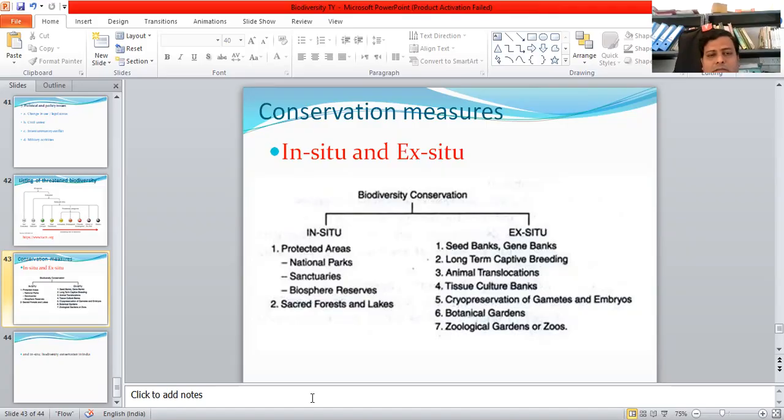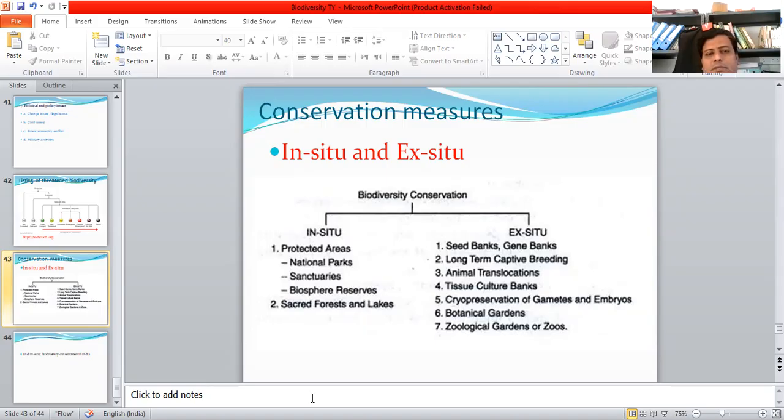Here you can see in this slide, there are different types of in situ conservation and ex situ conservation. We will start with ex situ conservation.